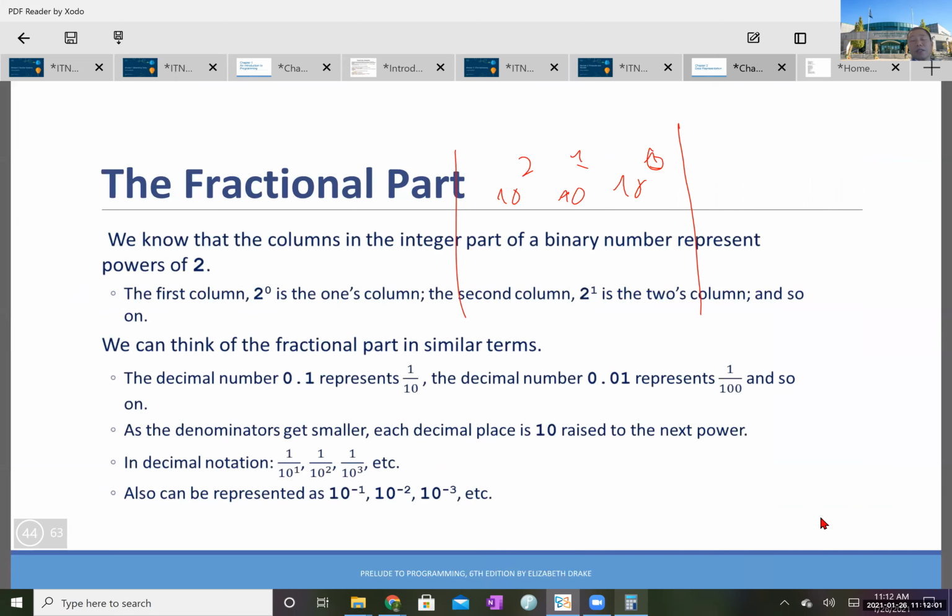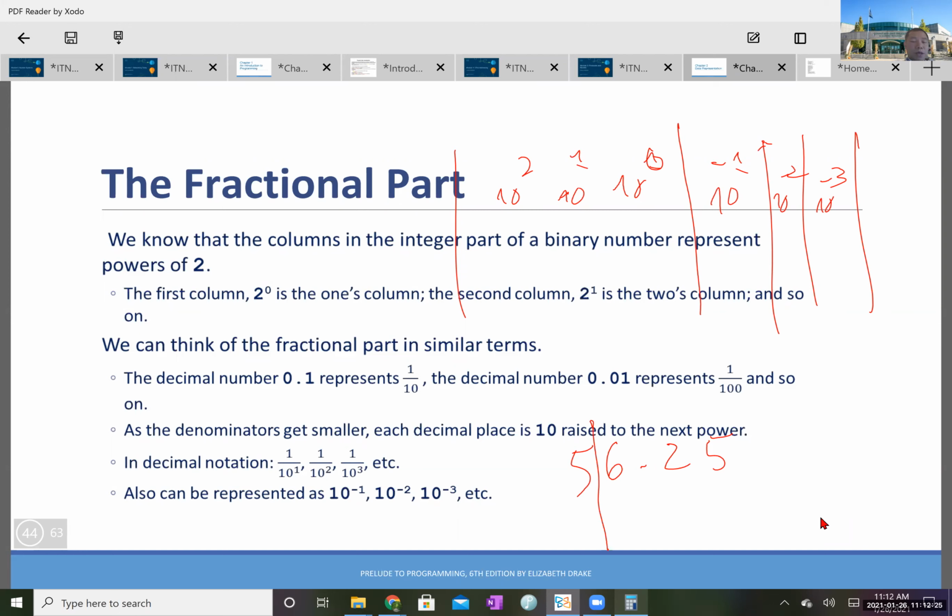And when working with fractions, you also have 10 raised to negative 1, 10 raised to negative 2, and 10 raised to negative 3. So think about this one. If you have the number 56.25, you can break it down.